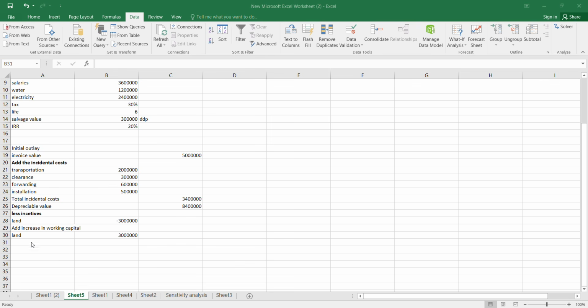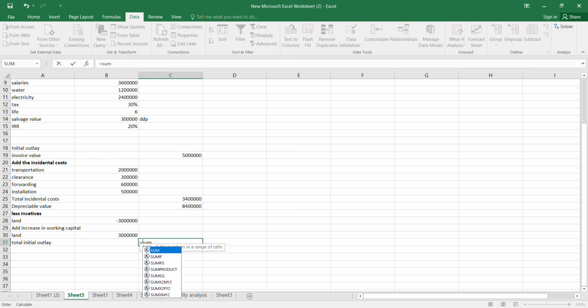If we have a reduction in working capital, we also less it from here. Now we are going to get the total initial outlay, which equals the sum of this and this and this.